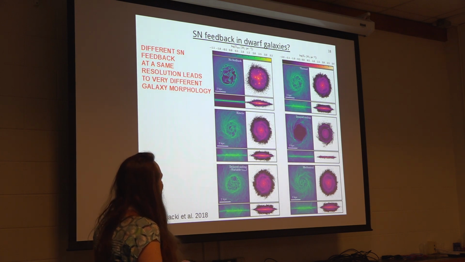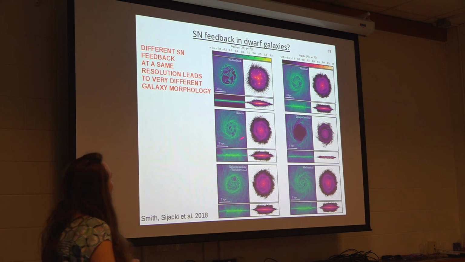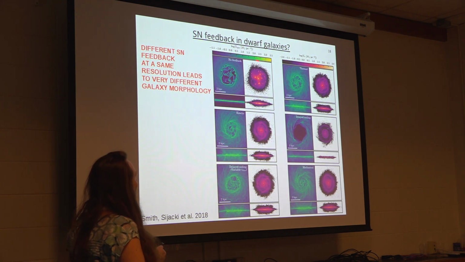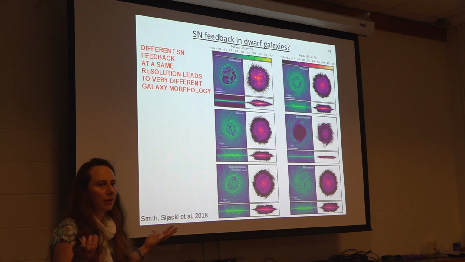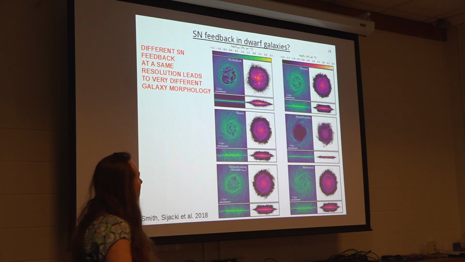These are all simulations of dwarfs in isolation, so there is no cosmological context. This is a simulation without supernova feedback, so you have catastrophic overcooling, clumping of gas, which becomes self-gravitating. Then we have simulations where we dump supernova purely thermally, or we just affect the kinetic energy of the gas rather than the thermal.